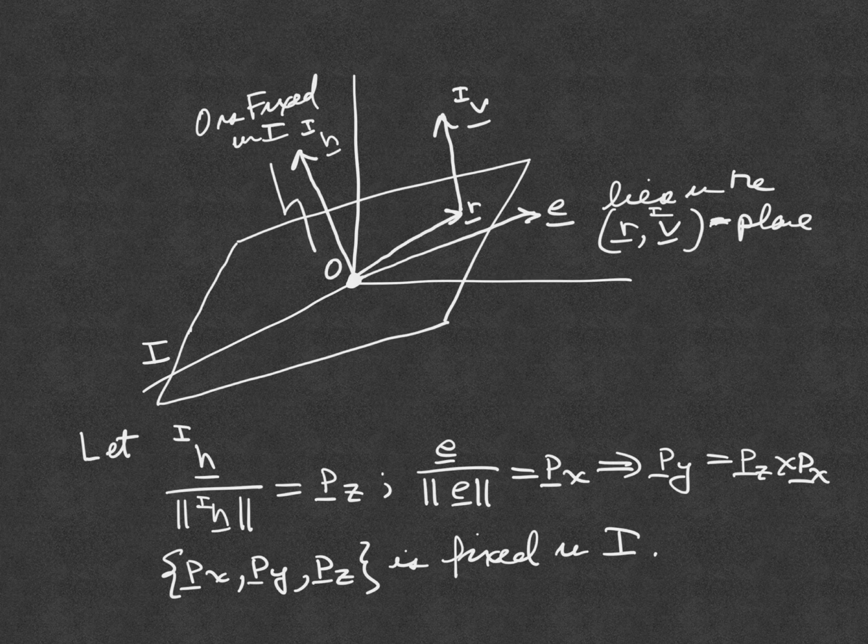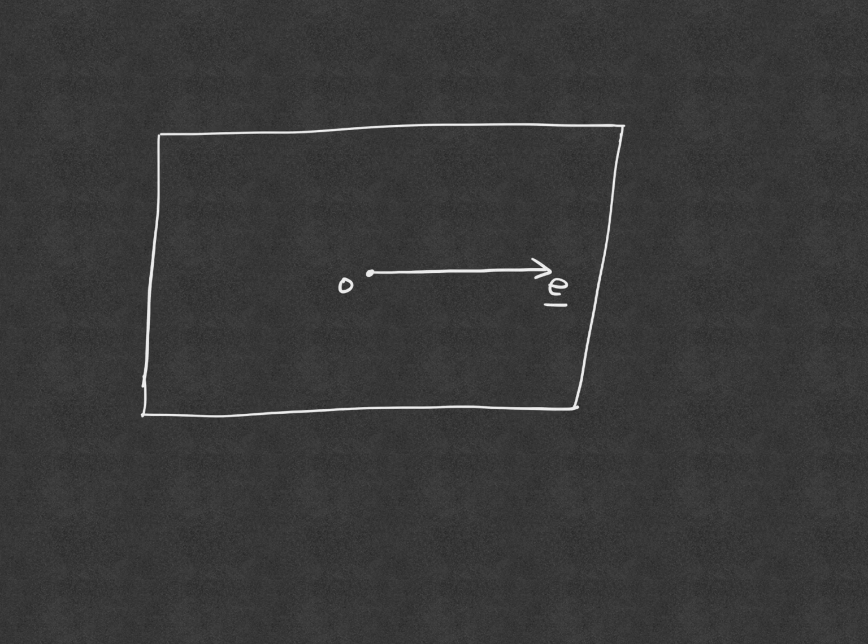And we can actually draw another picture to show what this looks like. So here's what this picture looks like. This is the solution plane, and here's point O, and then off to the right is the eccentricity vector, and then this direction is PX. PZ is the direction out of the page, which also happens to be the direction of the specific angular momentum, and then PY is the cross product of PZ with PX.